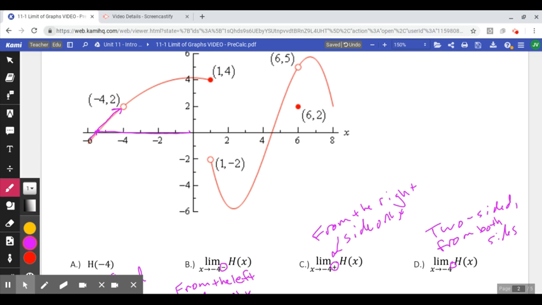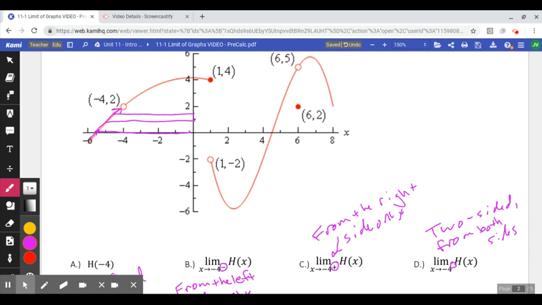Then when x is -5, our y value might be a little less than 1. Then at -4.5, right here, the y value is about 1.5 or so.